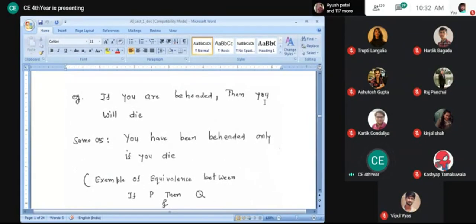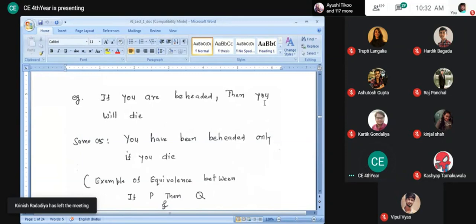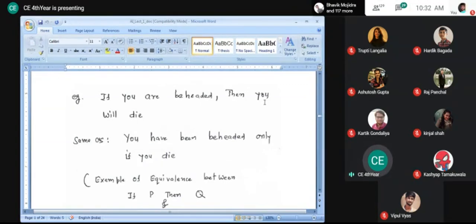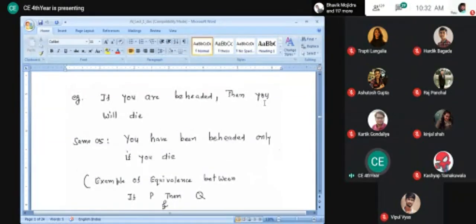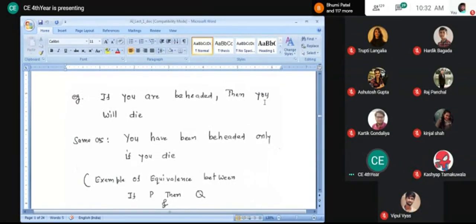Use of only if. The statement is, if you are beheaded, then you will die. It is the same as, you have been beheaded only if you die.